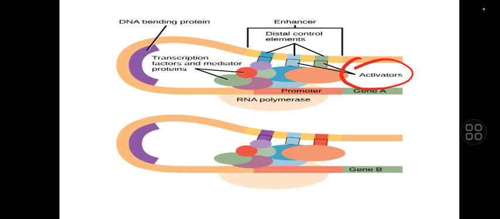The enhancers, situated 1000 nucleotides away from the promoter, can come closer to the promoter sequence and regulate transcription. These enhancers are also capable of rotating by 180 degrees, and even when rotated, the efficiency of transcription doesn't change. So this is what we infer from this.